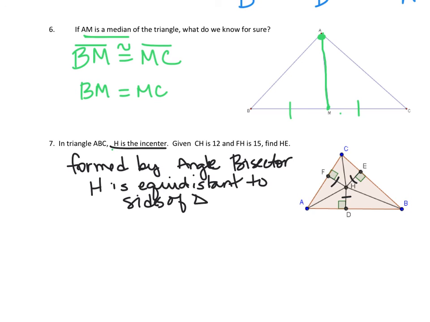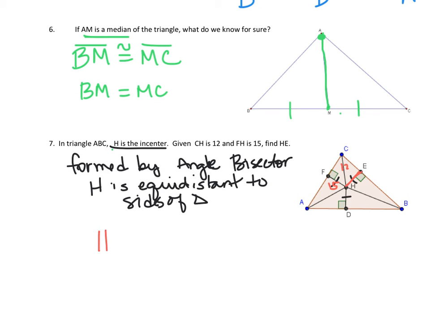Okay, so if CH is 12 and FH is 15, find HE.